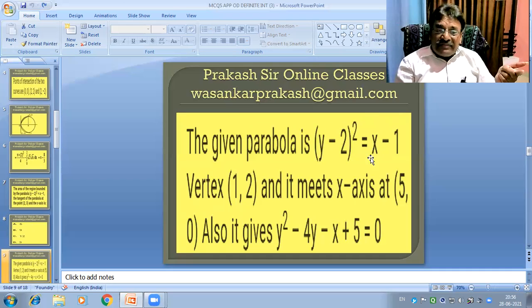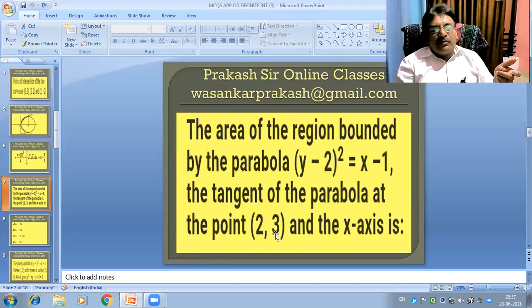Also, this equation can be written, by expanding the bracket, as y^2 - 4y + 4 + 1, that is + 5 - x = 0. Next we find the equation of the tangent to this parabola at the given point (2, 3).